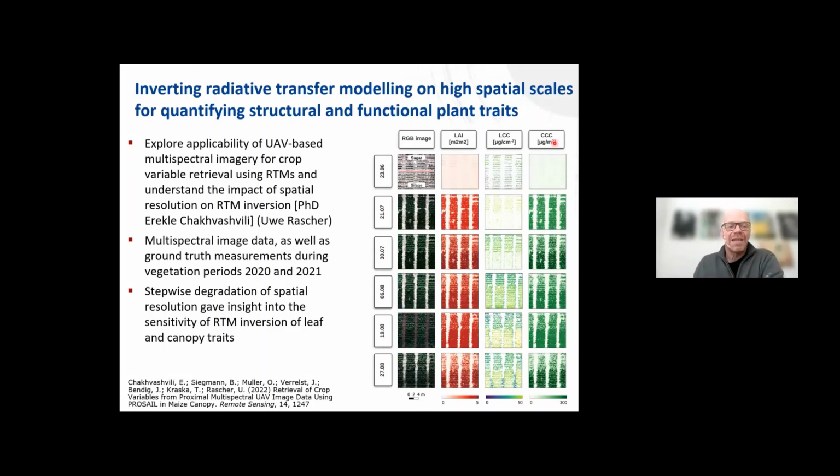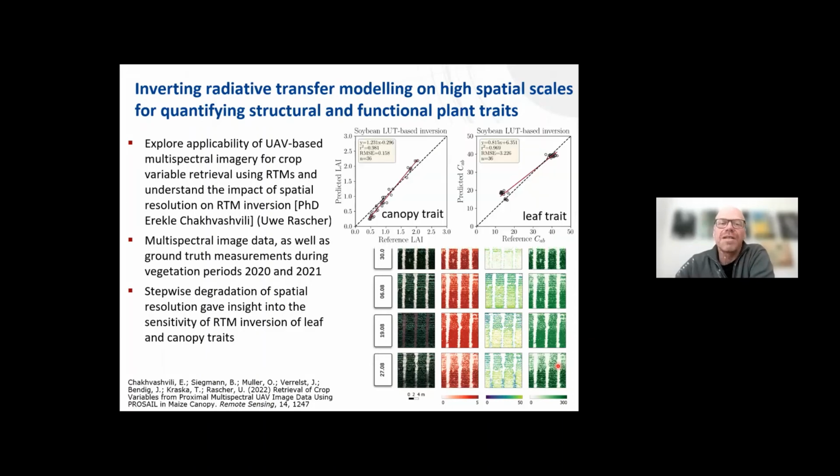At the end, he could show that by using this high resolution data, you have a slightly higher accuracy and precision for these traits which he has tested so far, but also on the coarser scale resolution, we do not lose too much.